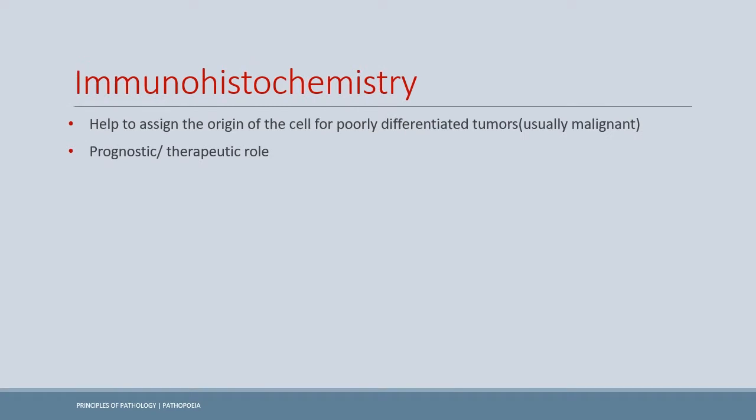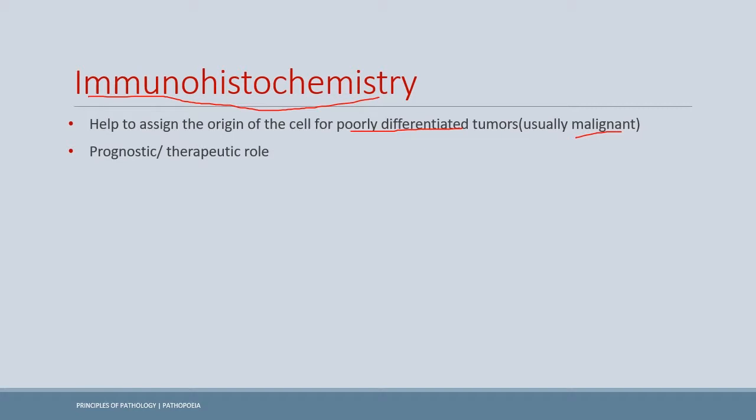Okay, the immunohistochemistry. Now, this is very important as a principle, because it is important clinically, and it often shows up on examinations. Immunohistochemistry is very helpful in case of poorly differentiated tumors, because poorly differentiated tumors are usually malignant, and hence we are not able to identify the origin of the tissue.